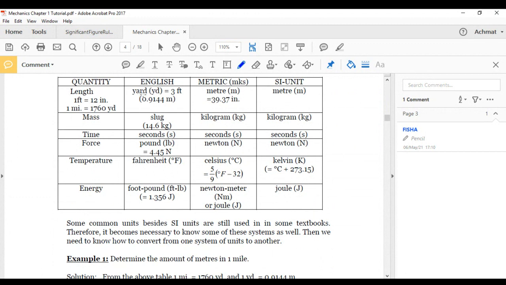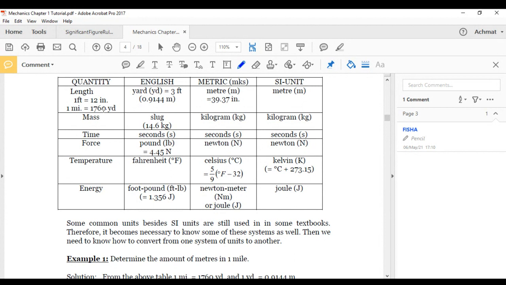So length is measured in yards or in feet or in inches. So what do we know? 1 foot is 12 inches. 3 feet is 1 yard. And also 1 yard is 0.9144 meters, close to a meter. But you can see a yard is less than a meter.